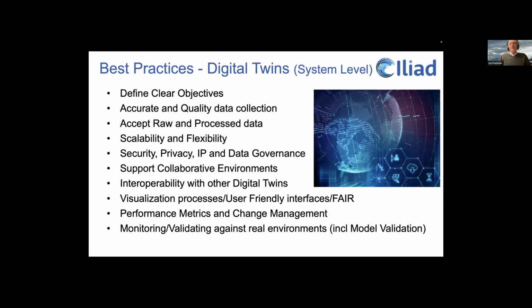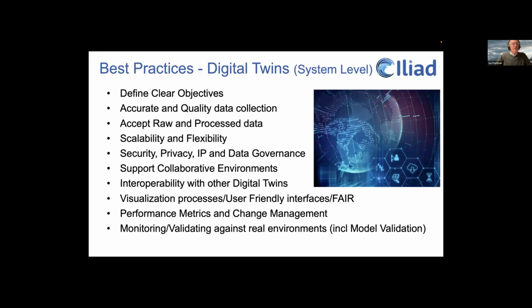And so let me talk about two of these, first at the system level, and then I'll talk about data lakes. There's a series of best practices that need to be implemented to make a practical system level digital twin. Defining clear objectives is something we tend to not focus on at the beginning, and we pay for that in the end. And so this is the place where we want to ask: who are our customers? Who are we supporting?